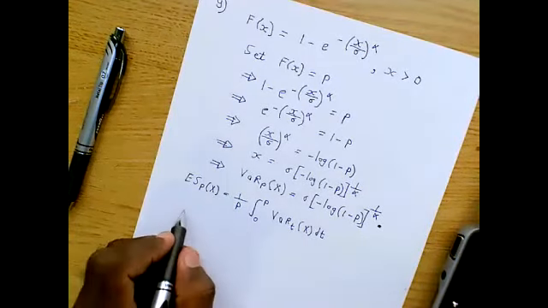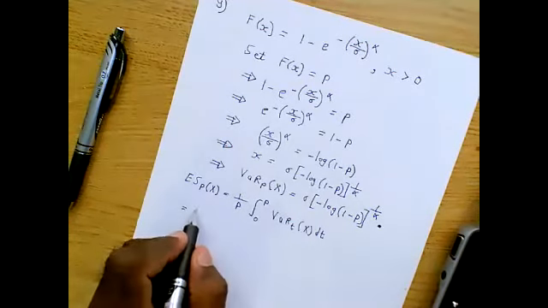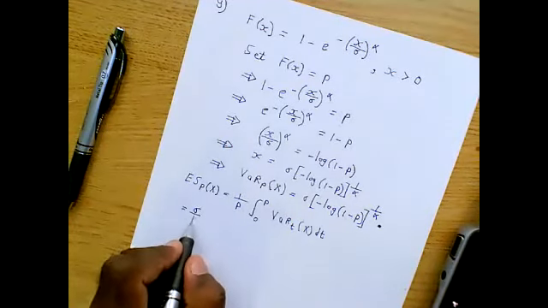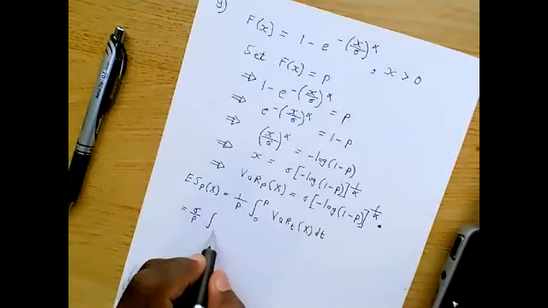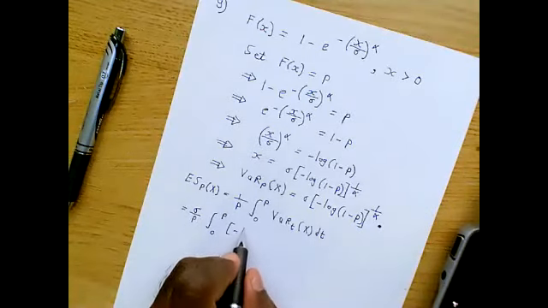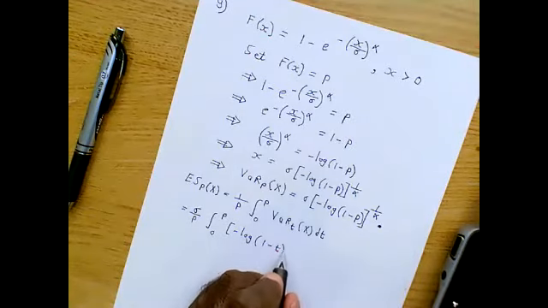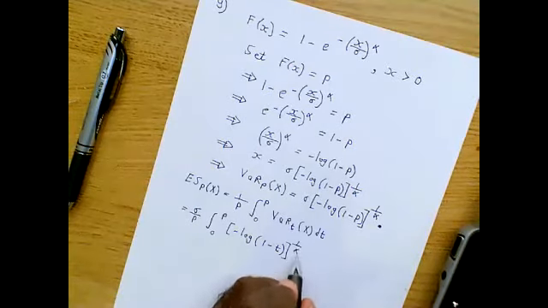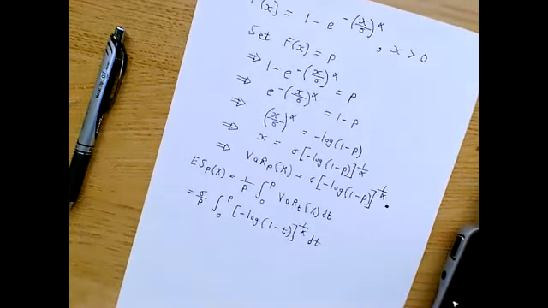You use this formula, where sigma is a constant, so you can pull it outside. So sigma by p, and then you have this.